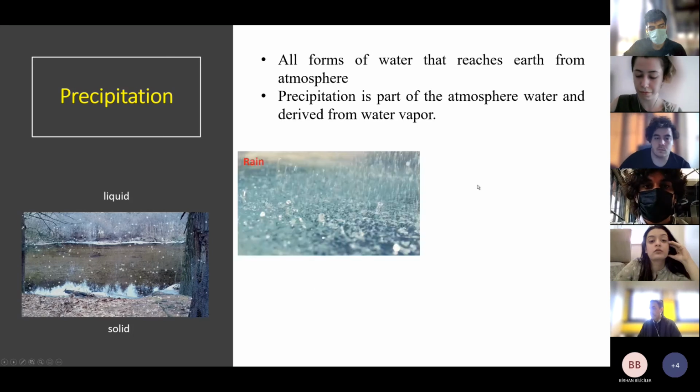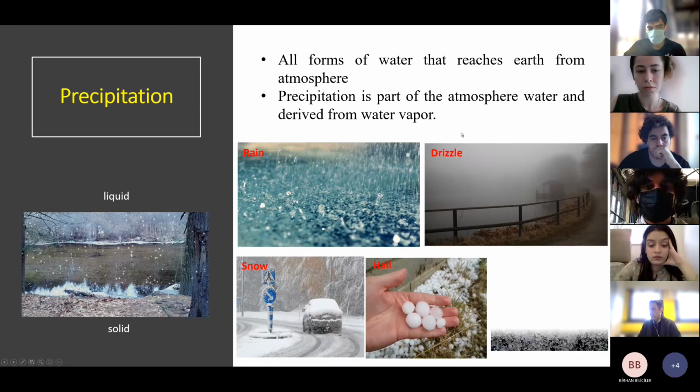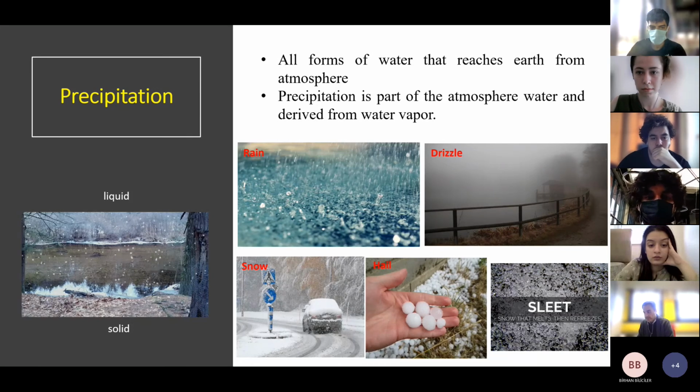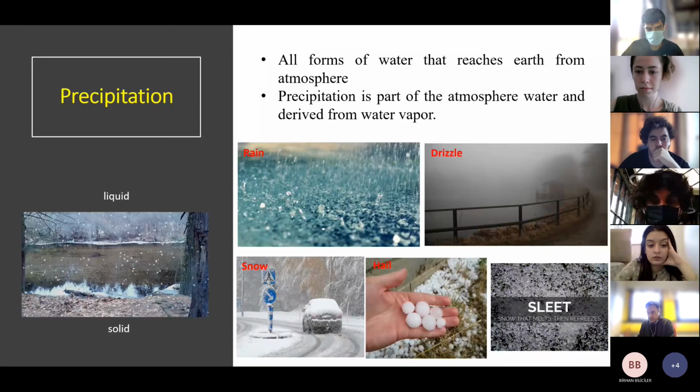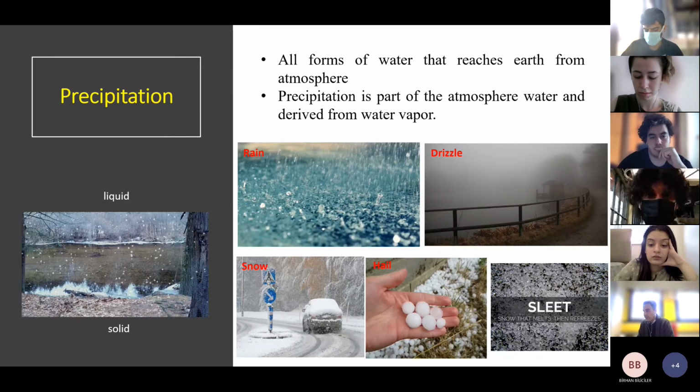Okay. There are different kinds of precipitation, and the 5 major ones are shown here: rain, drizzle, snow, hail, and sleet. In the next slides, we will go through the main differences between these 5 types of precipitation.